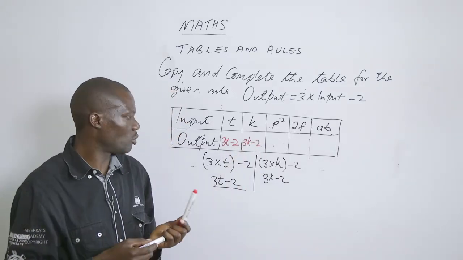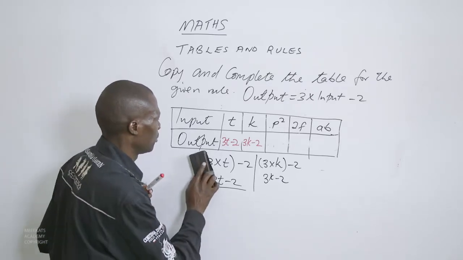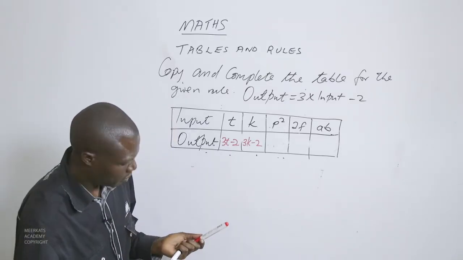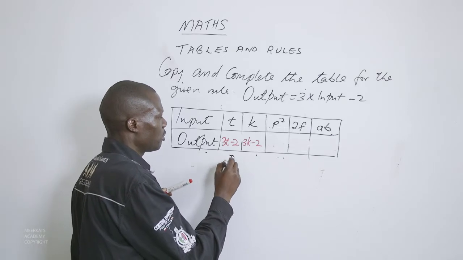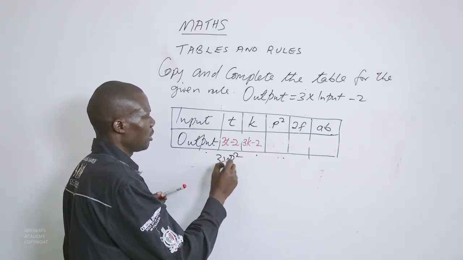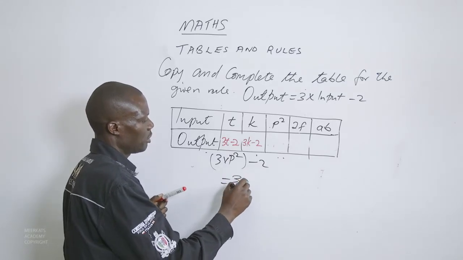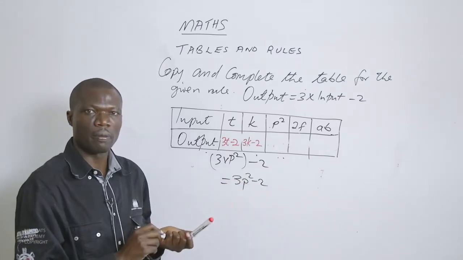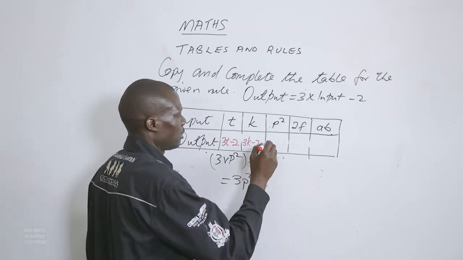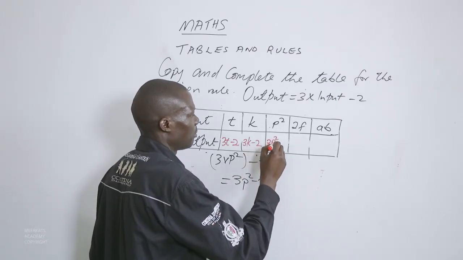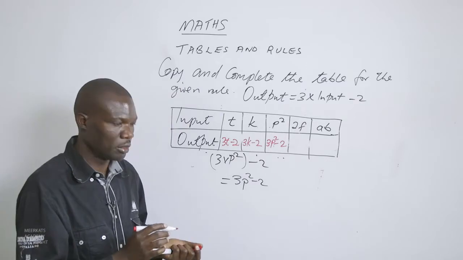The next is p squared. P squared times 3, and then minus 2. This one will give us 3p squared minus 2.